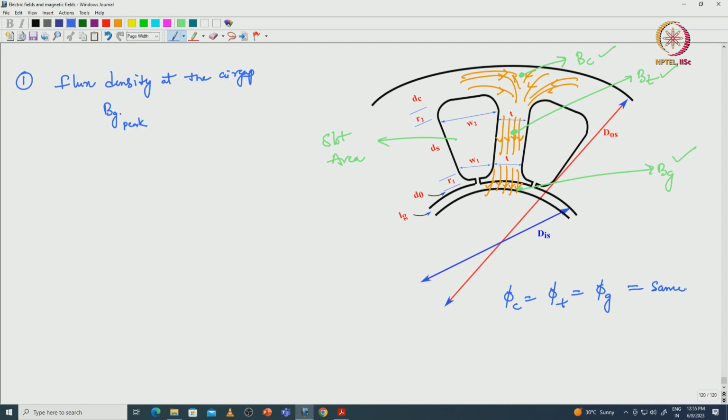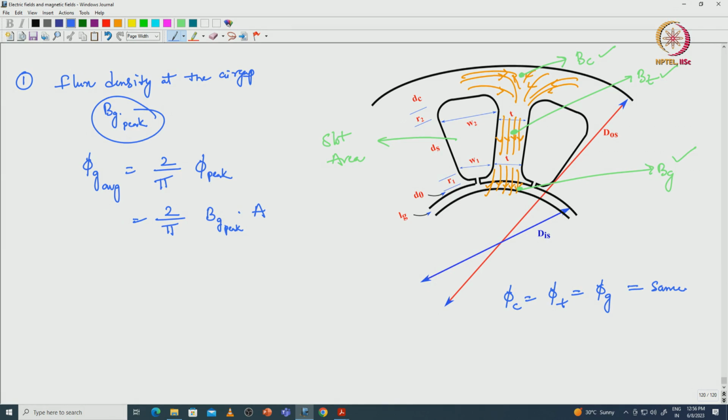Okay. The flux inside the core will be the same if we neglect the fringing and everything. Okay. Now, in order to find the maximum flux density at the air gap, consider the average flux is equal to 2 by pi times the peak flux value. Okay. Here flux in terms of B and A we can write it as Bg peak into A.